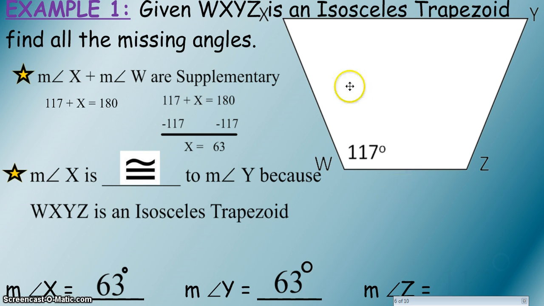And likewise, isosceles trapezoid means these angles down here are going to be the same. So if angle W is 117, how much is angle Z? Correct, 117. So let's go ahead and fill all of that information in for example 1.